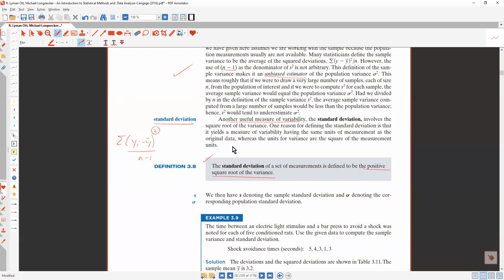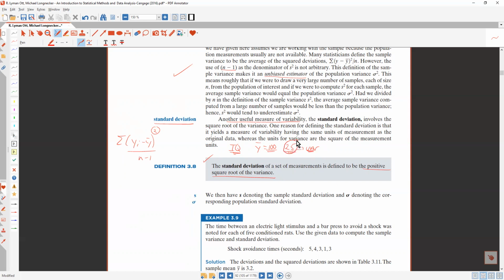So imagine if I took an IQ test and I gave that IQ test to the whole class and I calculated an average, and the average was say 100. So the average IQ is 100, and the variance was equal to, let's say, 25. Okay, this was the variance, VAR. Well, this is in squared units, right?